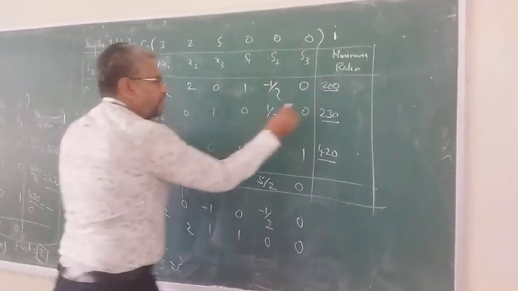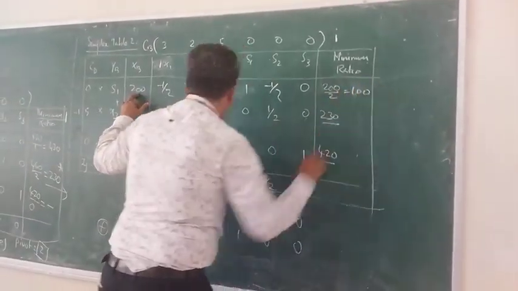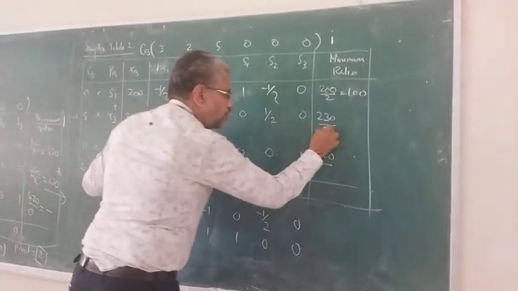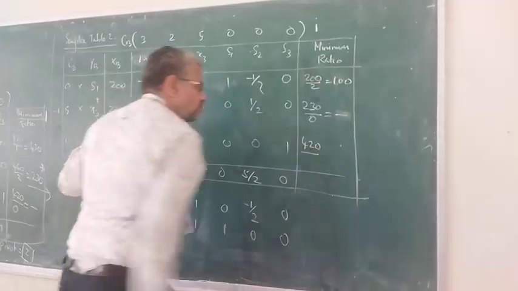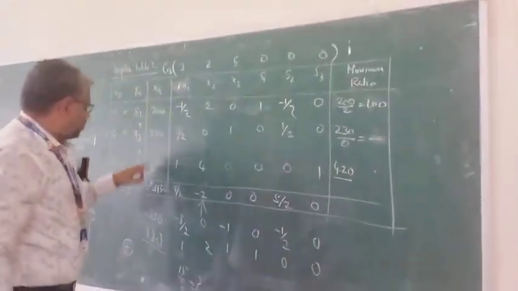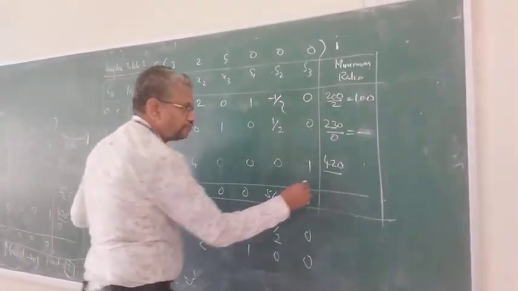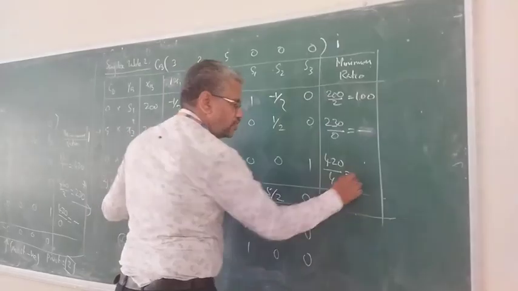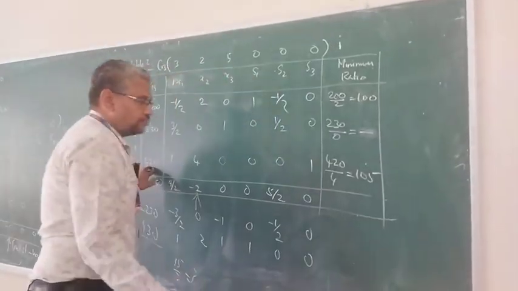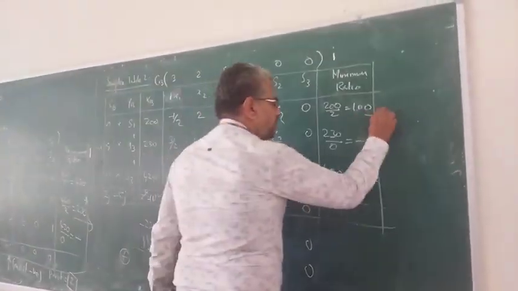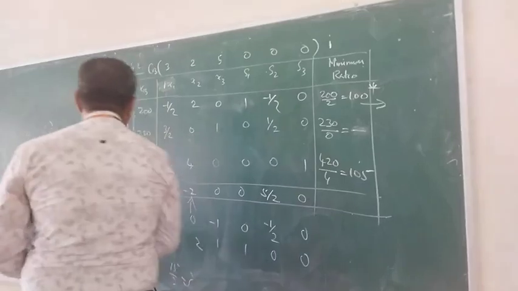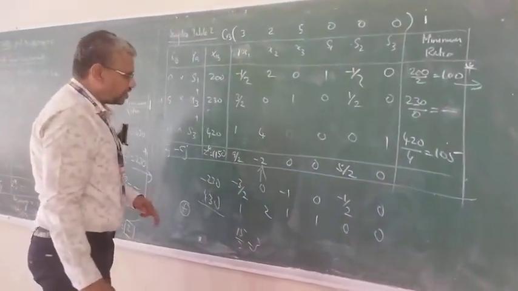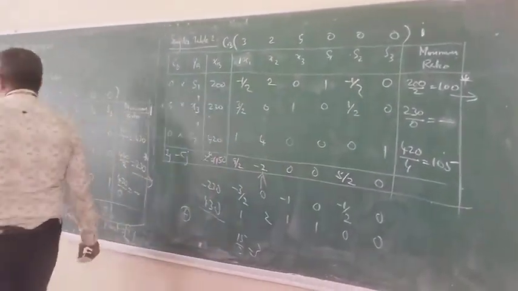So 200 divided by 2 equals 100. 230 divided by 0 you cannot find the value because it is invalid. 420 divided by 4 is 105. So minimum is 100. So x1 is going out, s1 is going out. Instead of s1, x2 is coming in the next table.